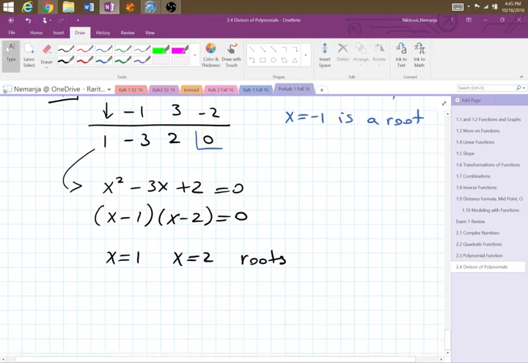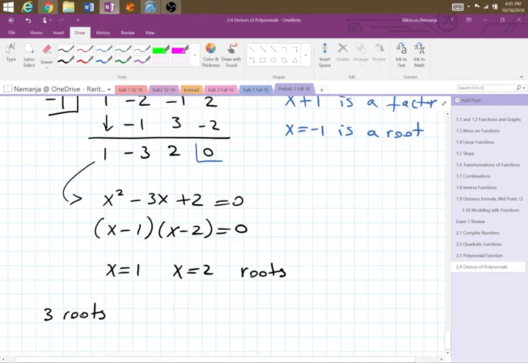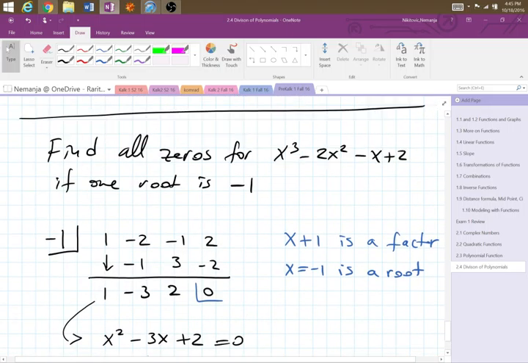So now, what do we have? We have 3 roots, and this is extremely important to make this connection right now, because I don't want to really see some really ridiculous answers on exam and so on trying to come up with new mathematics.